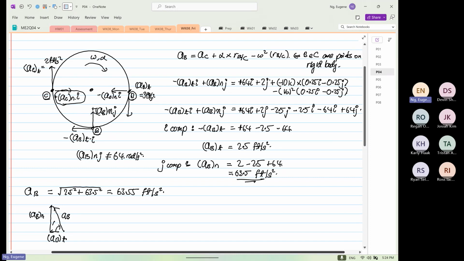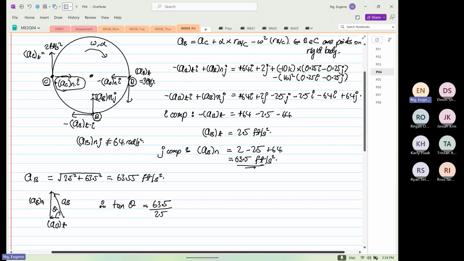And then we want to calculate this angle over here. Therefore, tan theta will be equal to aBN 63.5 divided by 2.5. So theta is equal to inverse tangent of 63.5 divided by 2.5, which is 87.7 degrees. And then you have to draw the vector this way, okay? So this is our theta.